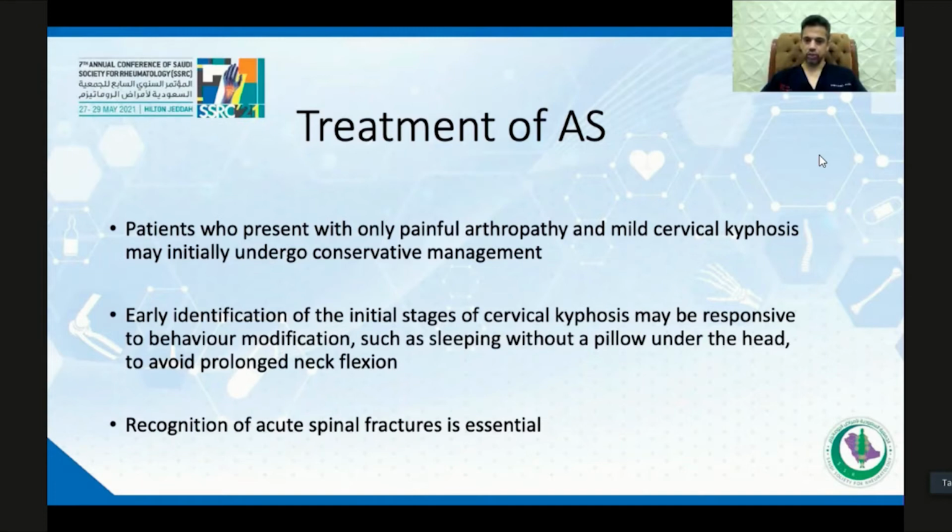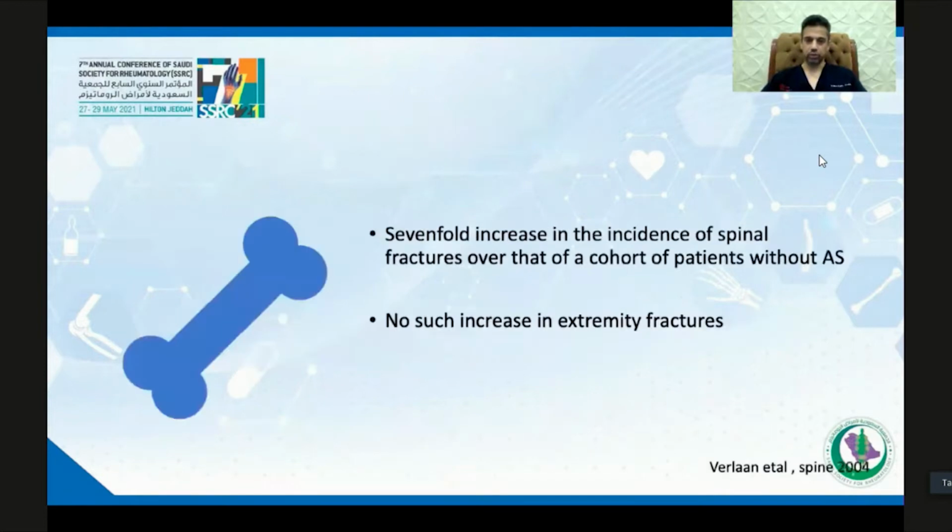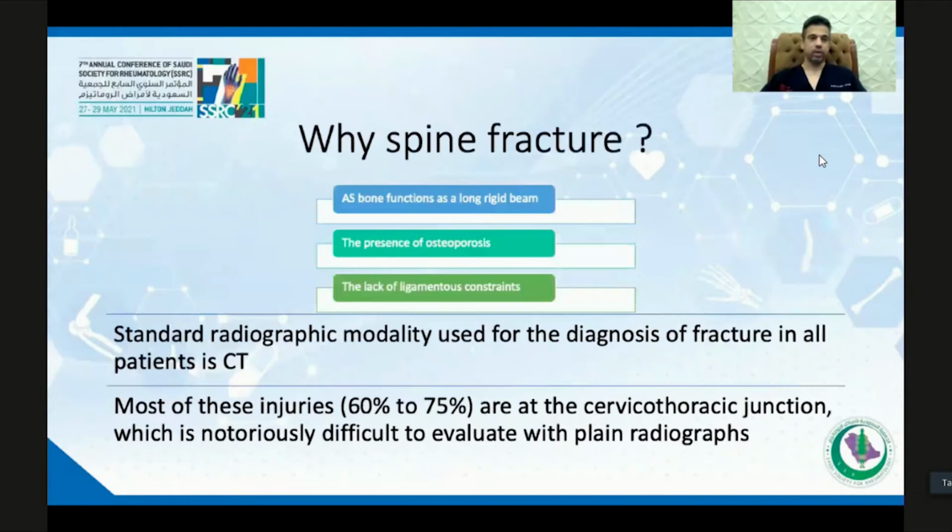Identifying patients who have a possibility of a fracture is extremely important early. With the development of a fracture, they are at a higher risk compared to non-ankylosing spondylitis patients, like 7-fold when it comes to the spine, but when it comes to the lower or upper extremity, that increase doesn't exist.